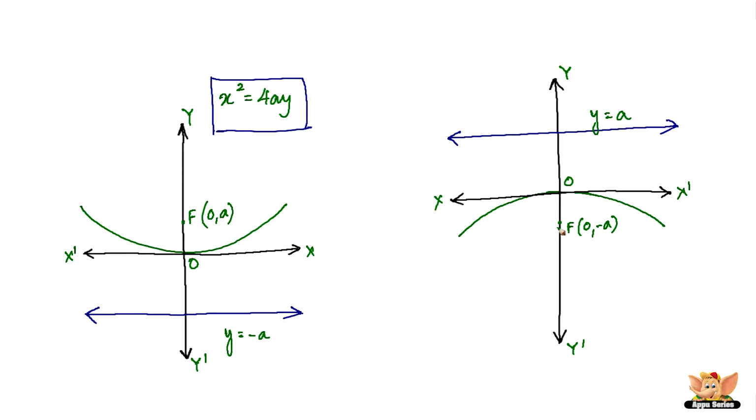Finally, it has the focus, whose coordinates are 0, negative a, because the focus is in the negative direction of the y-axis. The equation of this kind of parabola is given by x squared equals minus 4ay.